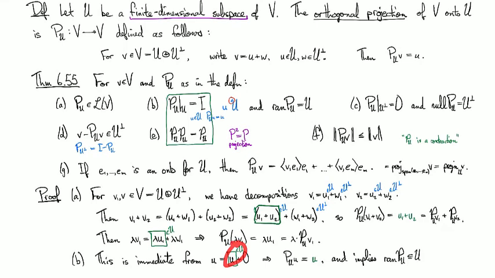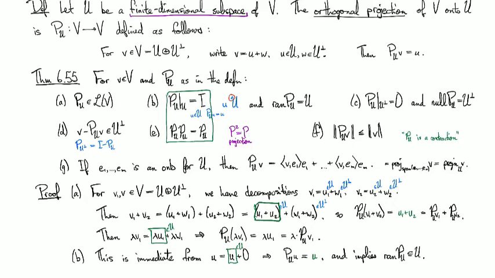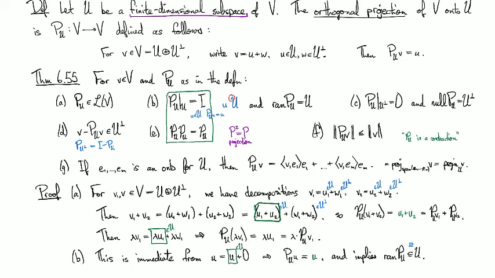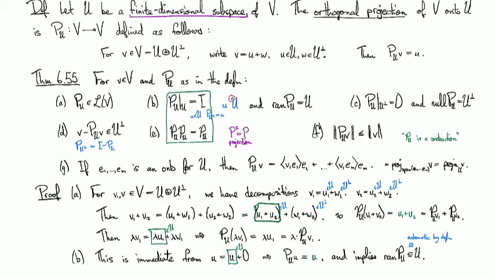So the output is always in U. So proof by duh, sort of. Proof by staring, how's that? And then the reverse inclusion right here is automatic by the definition, and so they are equal.